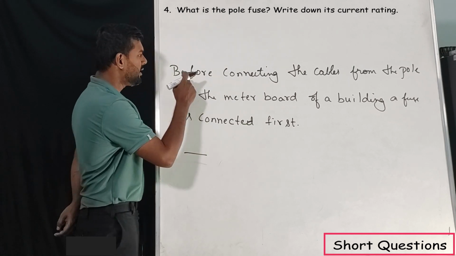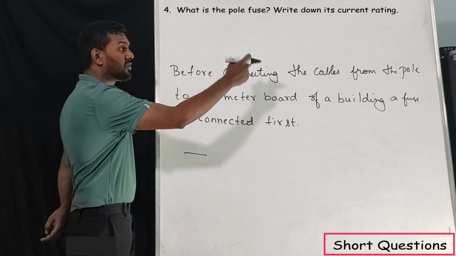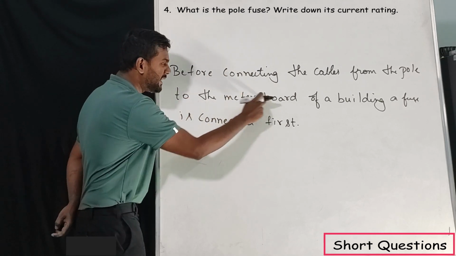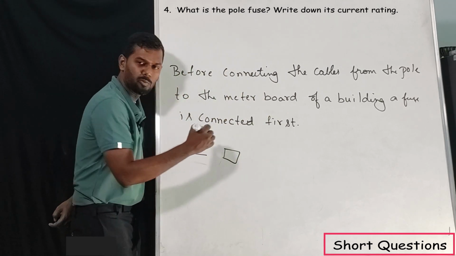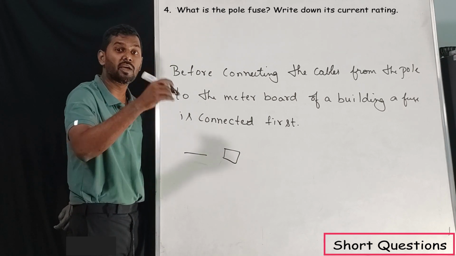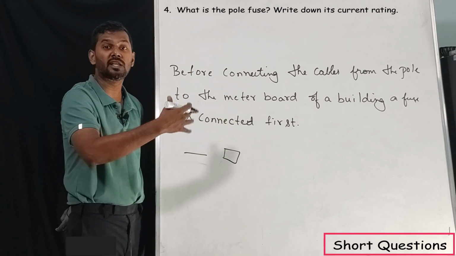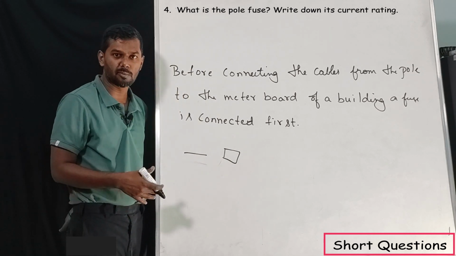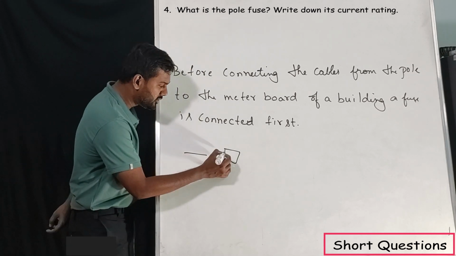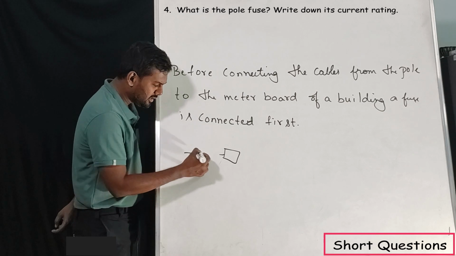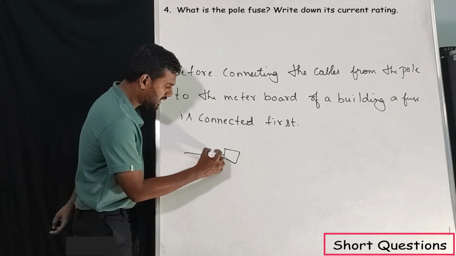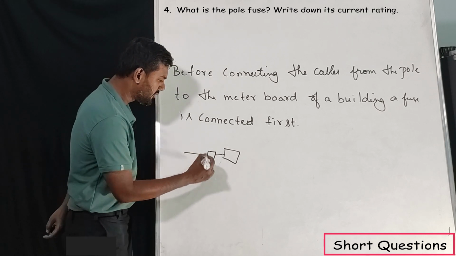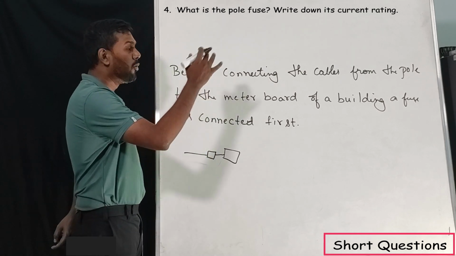Before doing all the connection, the meter board, where the electricity bill is generated based on the reading, and the cable from the pole are connected through a fuse. This fuse is called pole fuse.